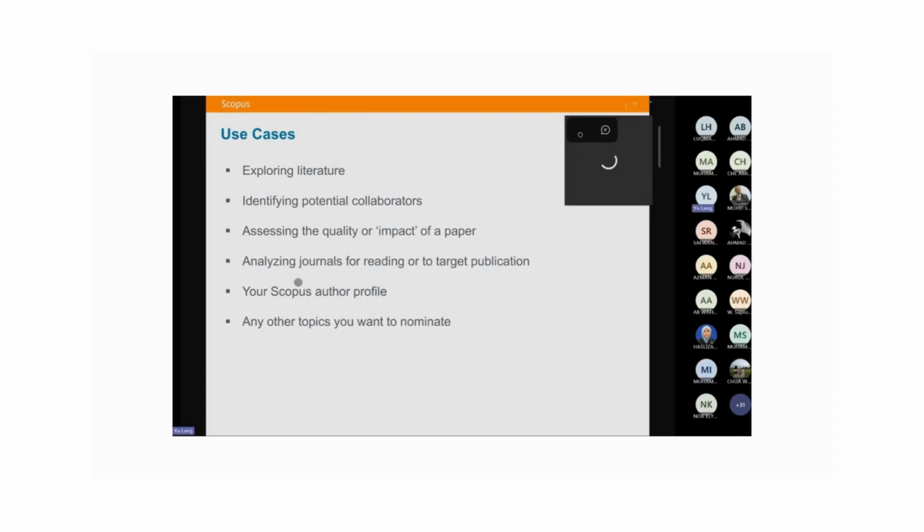You can check your author profile if you have published papers indexed in Scopus. And if there are other tasks you would like to check whether Scopus can help with, you can let me know in the chat box.